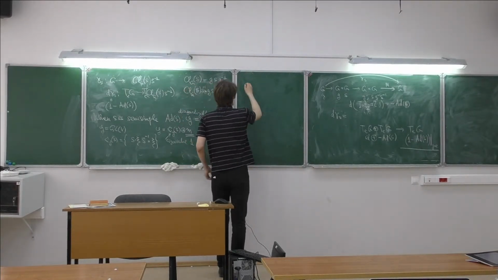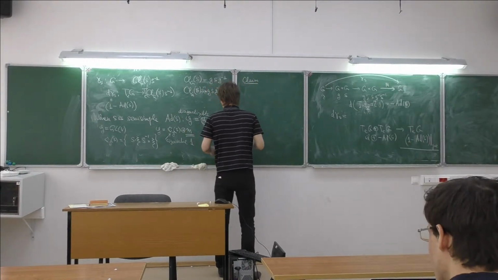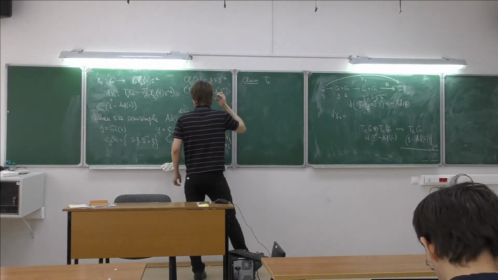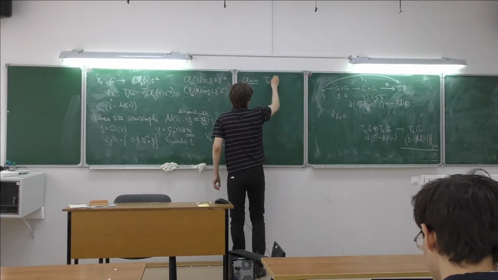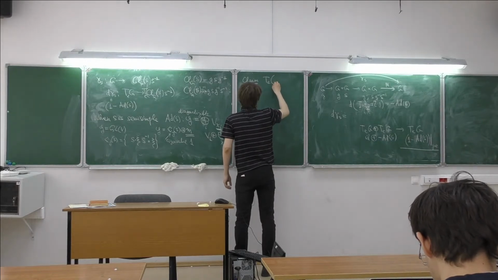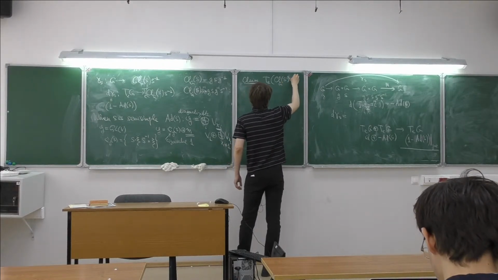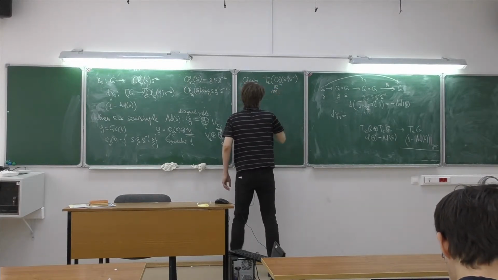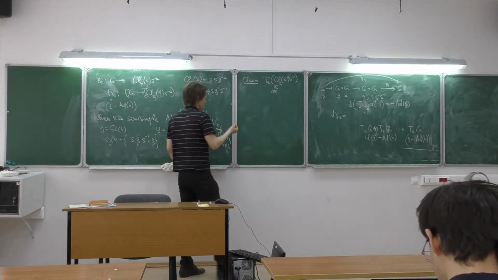So the claim is that the tangent space of the orbit of the class is identified with M. And the reason is, so there are two things.